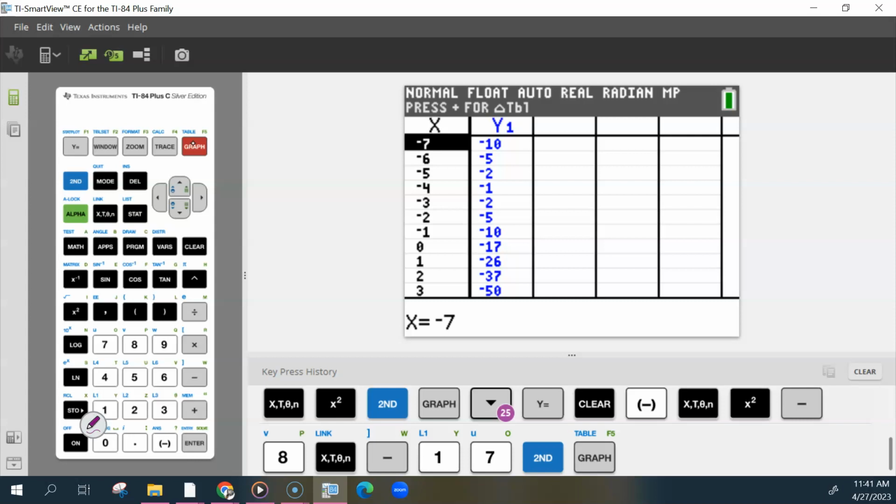Negative 5, negative 2. Annabelle, can you hit new session, please? Thank you. And then once you have your table filled out, go ahead and start graphing those points.